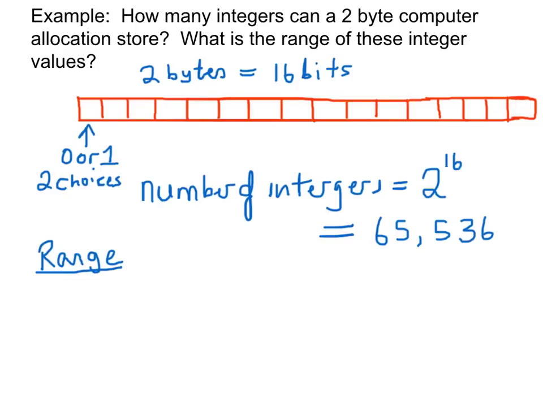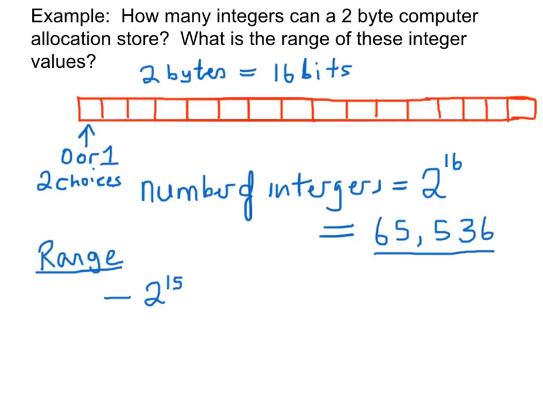Now if we look at the range, this number here, 65,536 different integers, will be divided equally between positive and negative integers, right? So if we divide 2 to the power of 16 by 2, we'll get 2 to the power of 15. So the range is going to start at minus 2 to the power of 15.